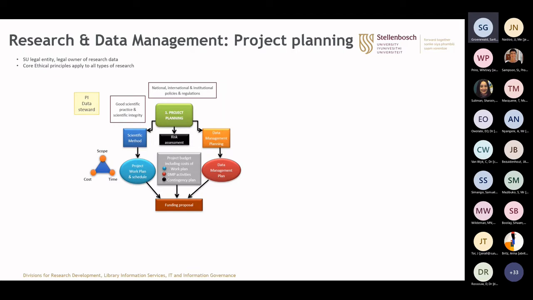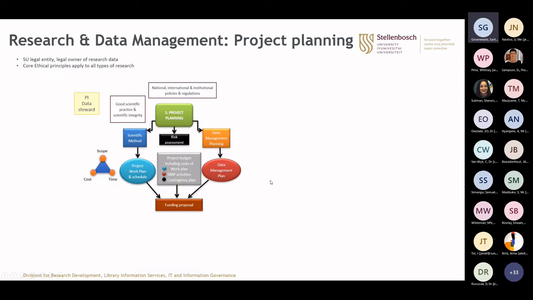So right from the start, you are going to include in your project budget all the costs that are calculated from your work plan. You did a risk assessment, so you'll have a contingency plan, but you'll also need to include your data management activities in your budget from the start. And that can go into your funding proposal or whatever the case may be.